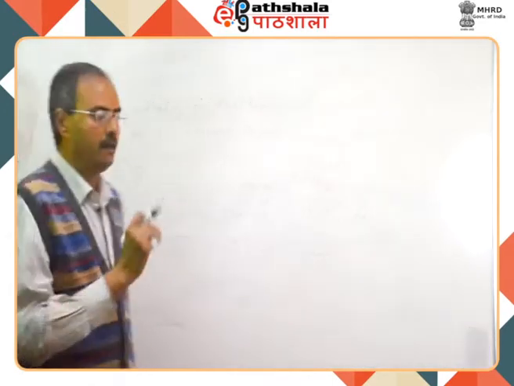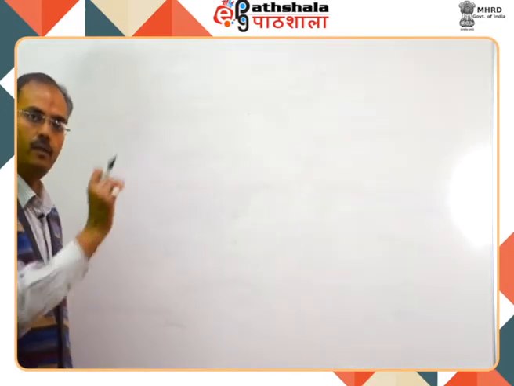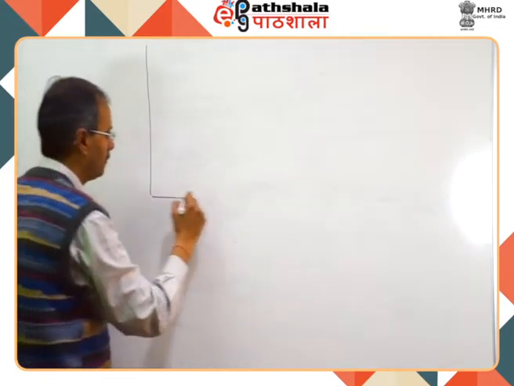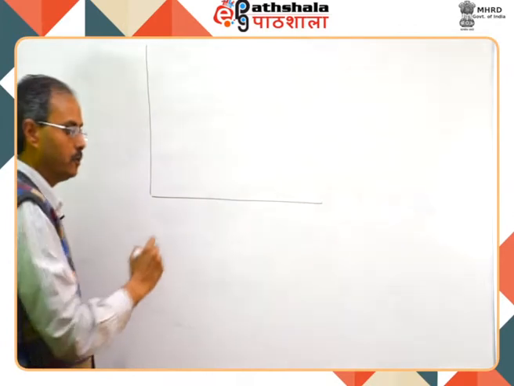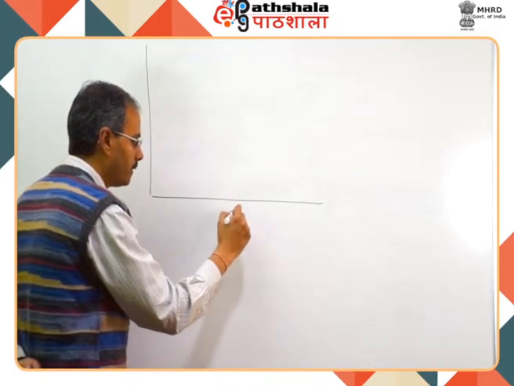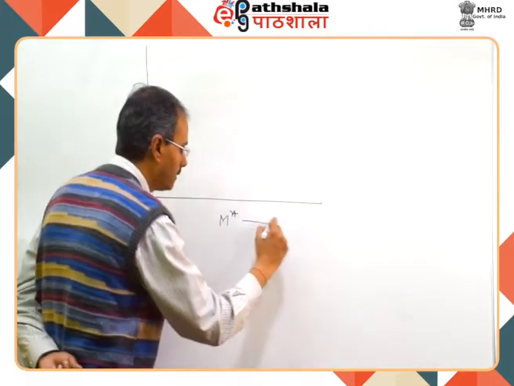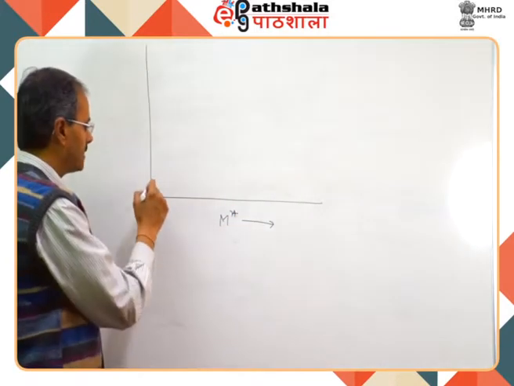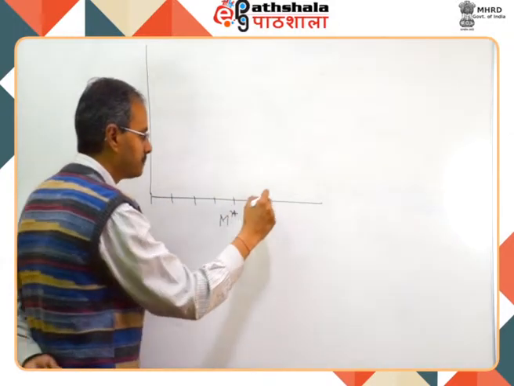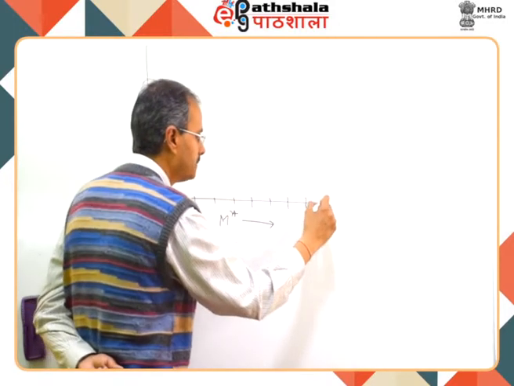That means let us try to plot whatever I have just said, the enthalpy with respect to the M 2+ metal ion on this side. We can make them on the x-axis.